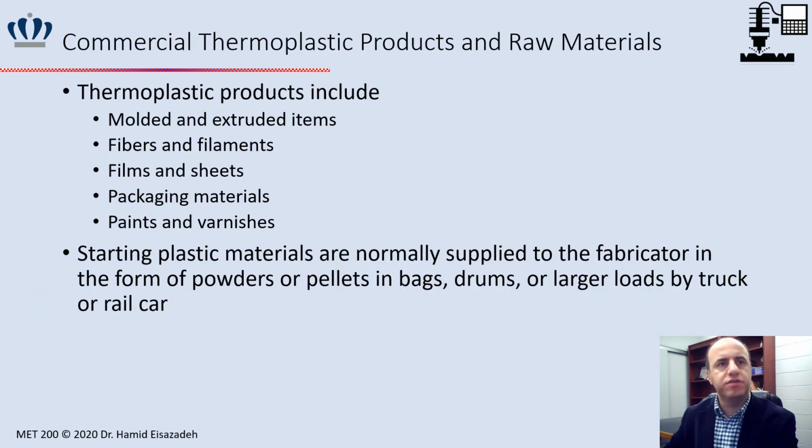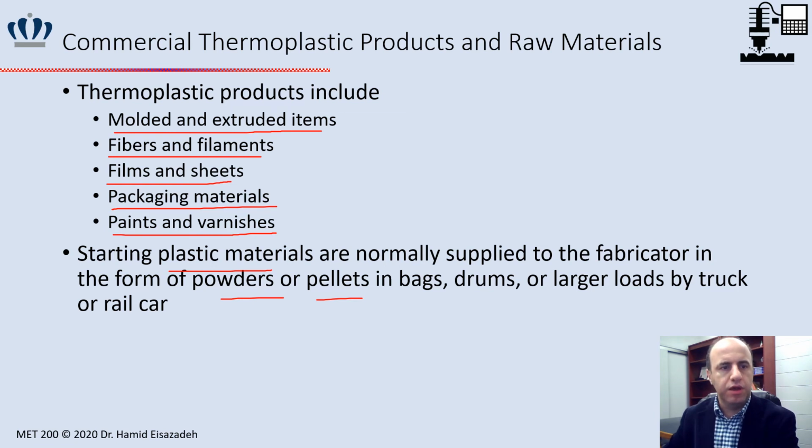The thermoplastic products include molded and extruded items, fiber and filament, film, sheets, packaging material, paint, and varnishes. The raw material for the thermoplastic products, the starting plastic material, is normally supplied to the manufacturer in the form of powder or pellet.